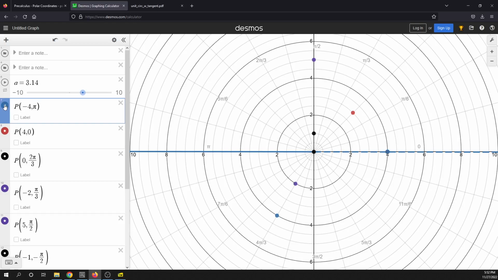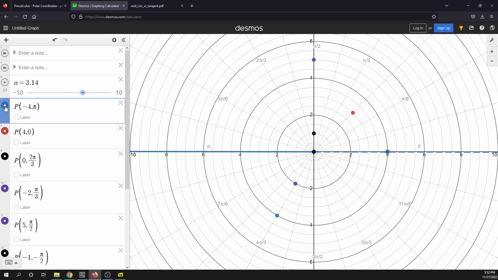With rectangular coordinates, right, if I give you an xy, an ordered pair, then it corresponds to a unique point in the Cartesian coordinate system, right? And if I have another ordered pair that corresponds to that same point, well, that means that the first coordinates and second coordinates have to be equal to each other. But here you can see this point 4 comma 0 and -4 comma pi, right?